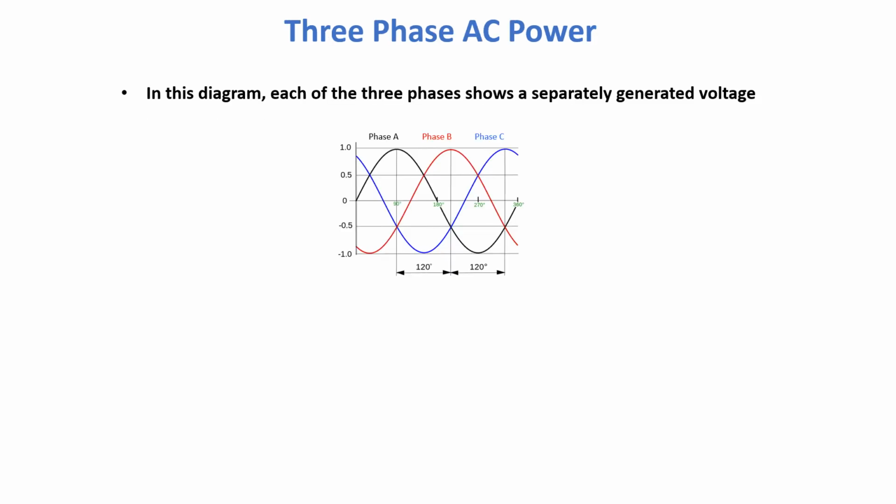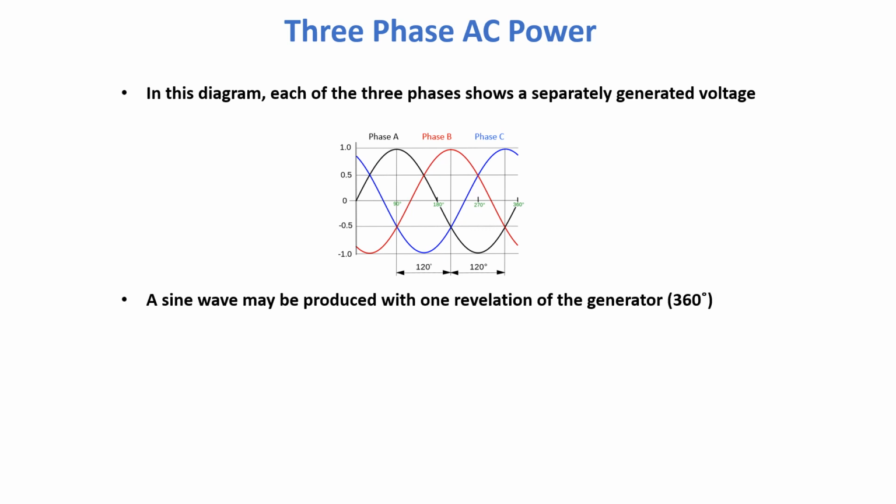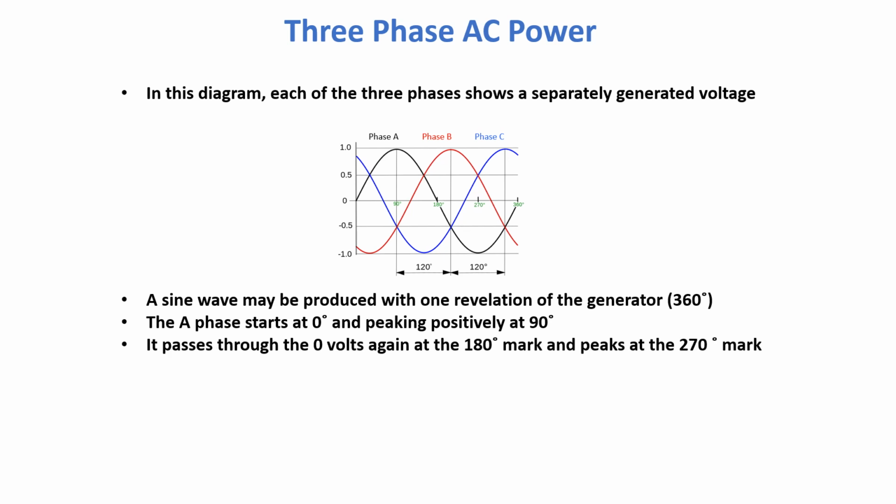In this diagram, each of the 3 phases shows a separately generated voltage. A sine wave may be produced with 1 revolution of the generator, 360 degrees. The A phase starts at 0 degrees, peaking positively at 90 degrees. It passes through 0 volts again at the 180 degree mark and peaks at the 270 degree mark.